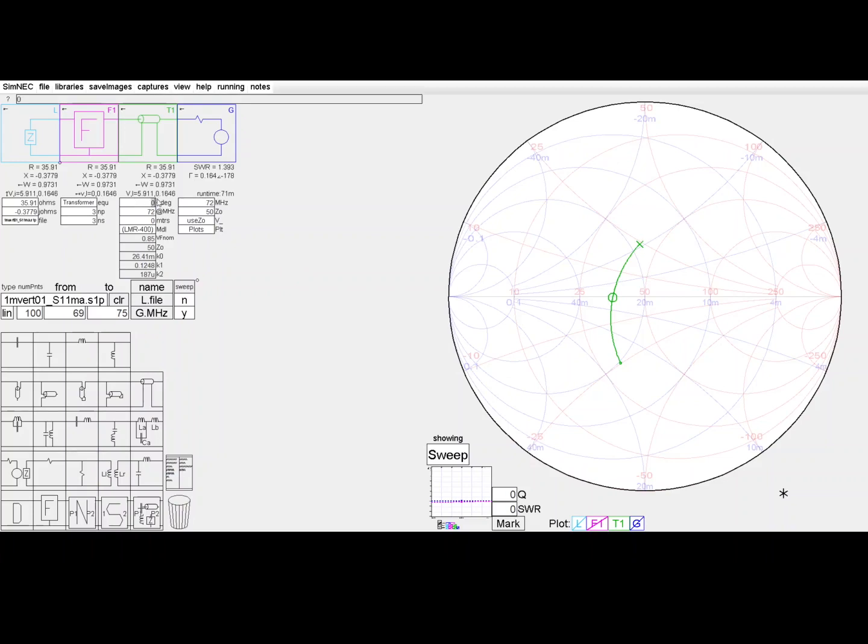So, for instance, if I bump this up here to 90 degrees, you'll see it's gone around 180 degrees on the chart. So that's something to keep in mind in interpreting the chart and trying to relate the chart to measurements and transmission line that might be interposed between the measurement point and the device under test.